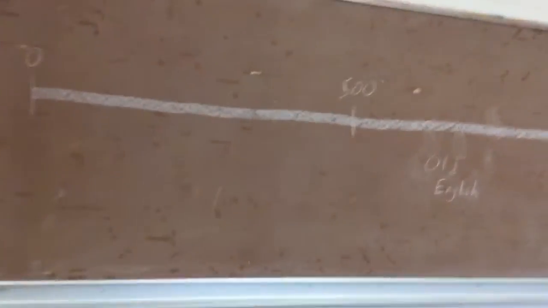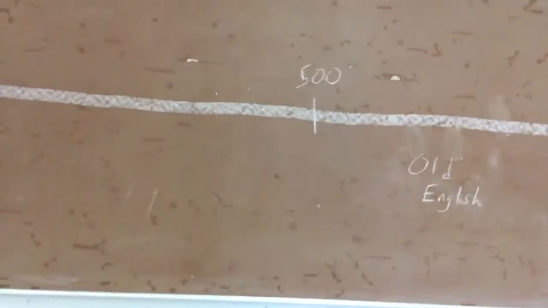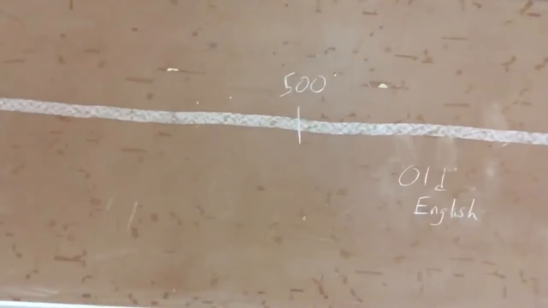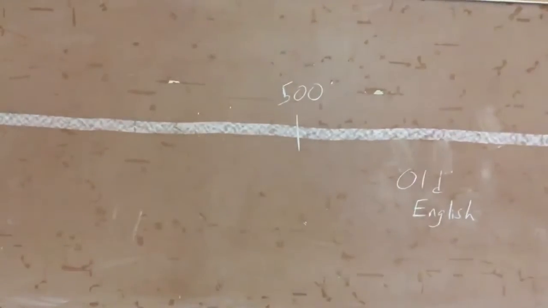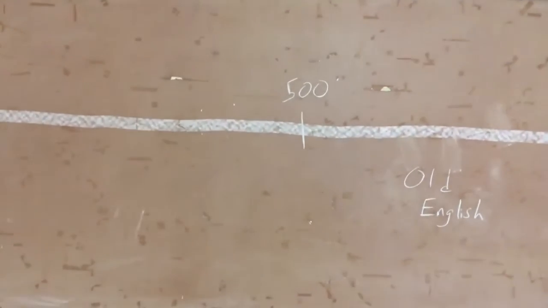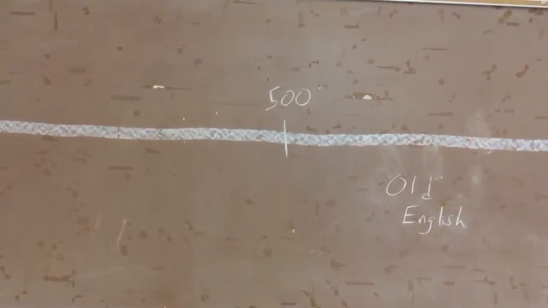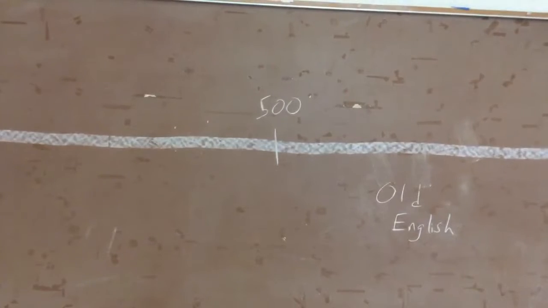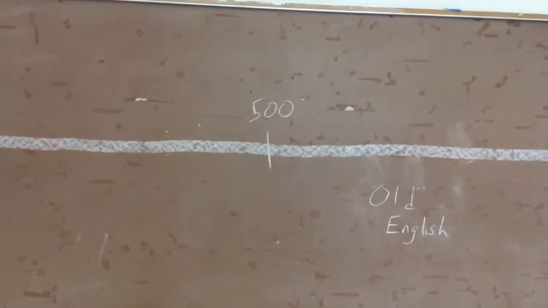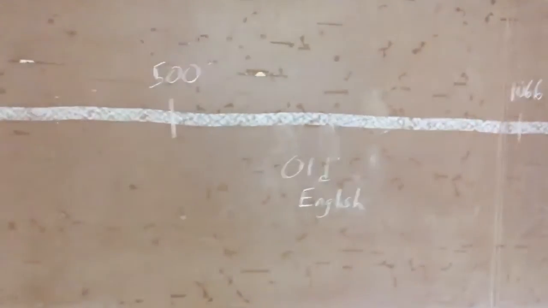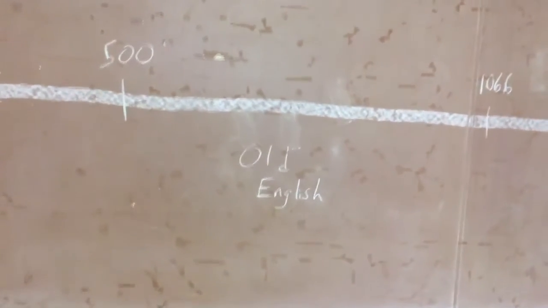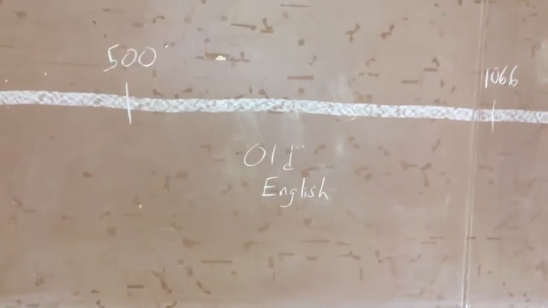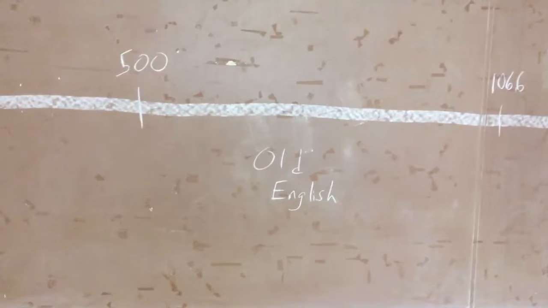When we get up closer to the year 500, the mid 400s, some people came over from Germany. They were a couple of tribes, the Angles and the Saxons. So that gives us Old English. And I will share with you on Classroom a recording of what that sounded like.